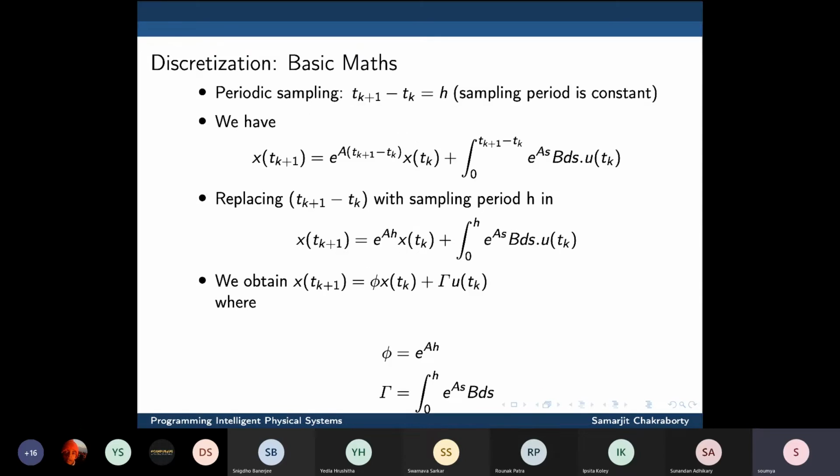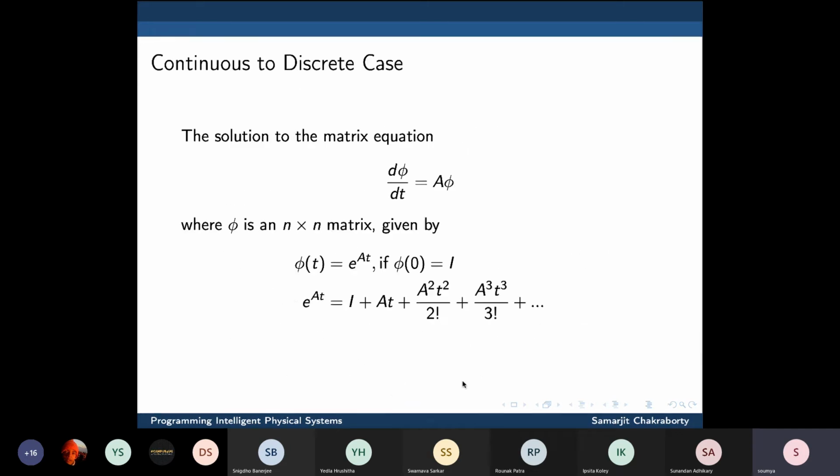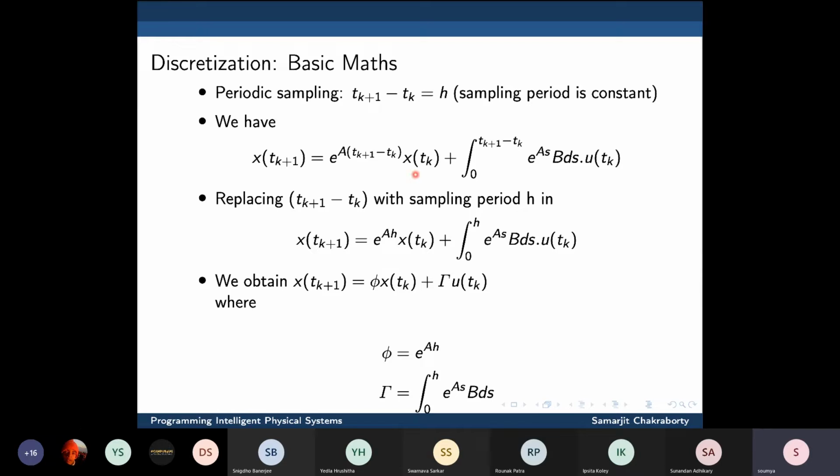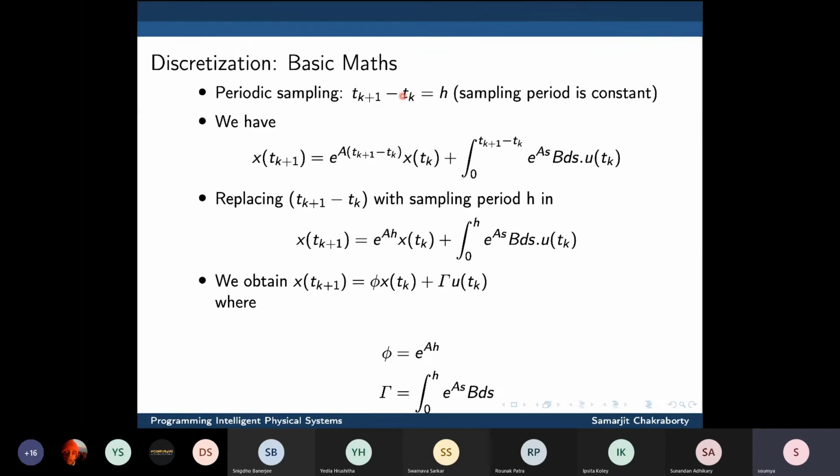Now coming here, suppose we have this equation. Let's set x0 as x(tk), the initial condition at tk, so we have x(tk) here. And h is the sampling period, that is tk+1 minus tk. If I know the value at tk, then from this equation I can simply write it like this.